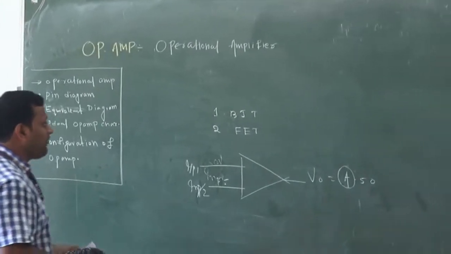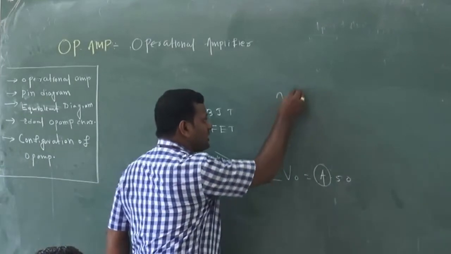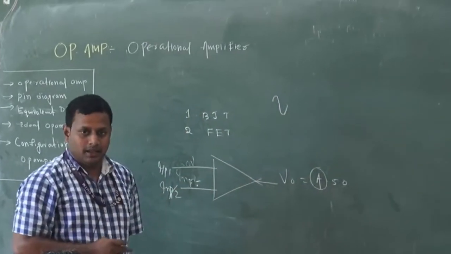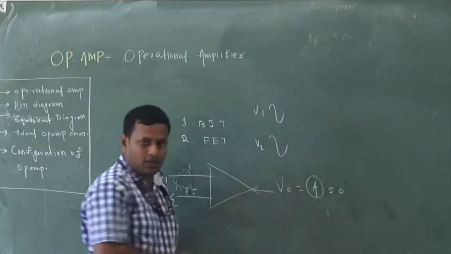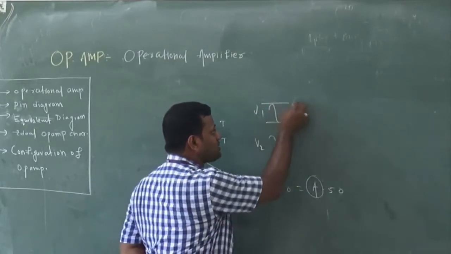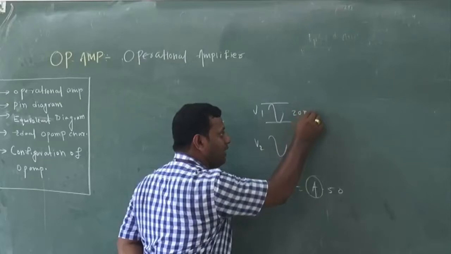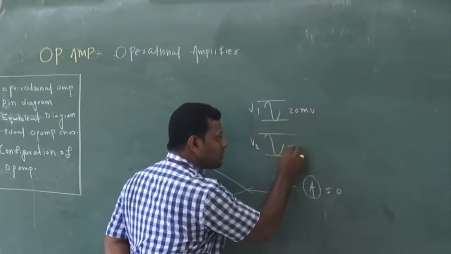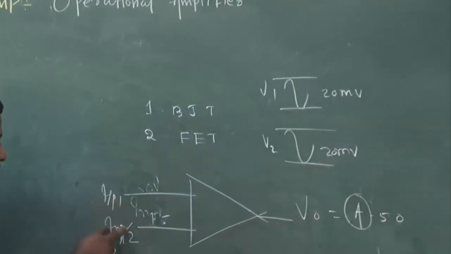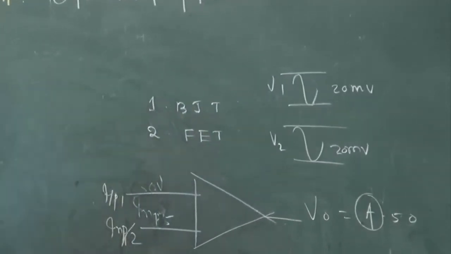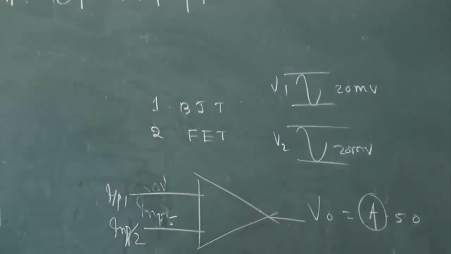Again, suppose I give a signal like this at V1 and another signal like this at V2, and suppose this has a peak to peak amplitude of 20 millivolt, and this also has 20 millivolt. Then what actually happens in the output?